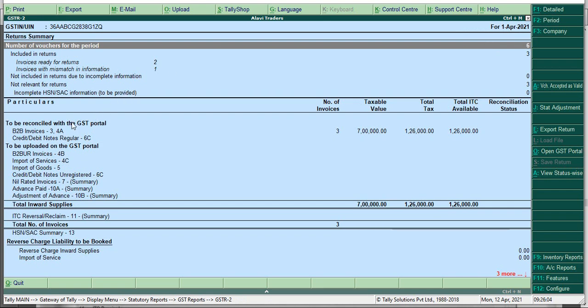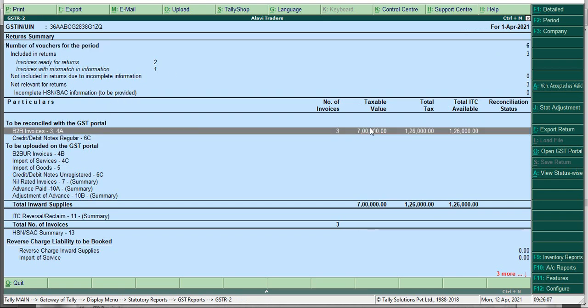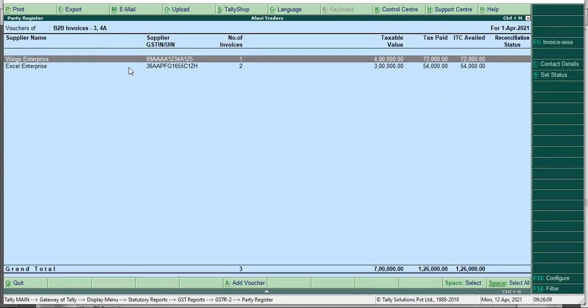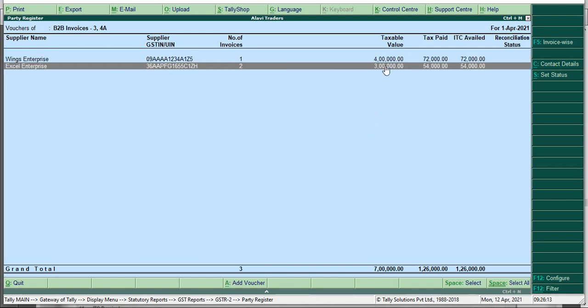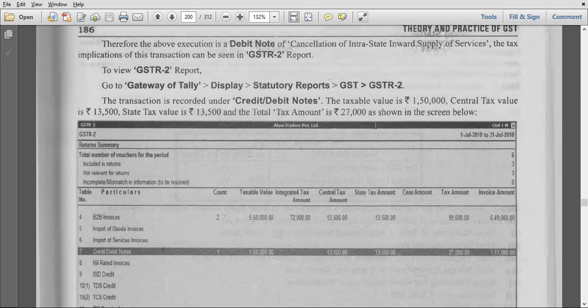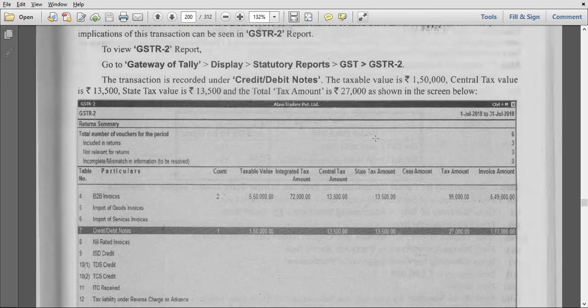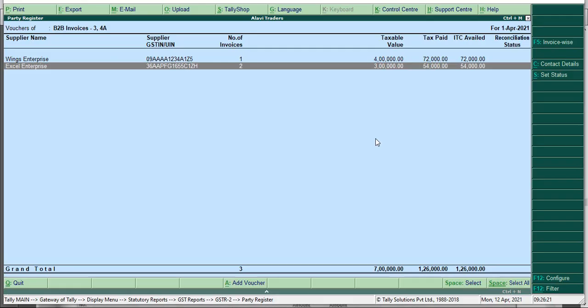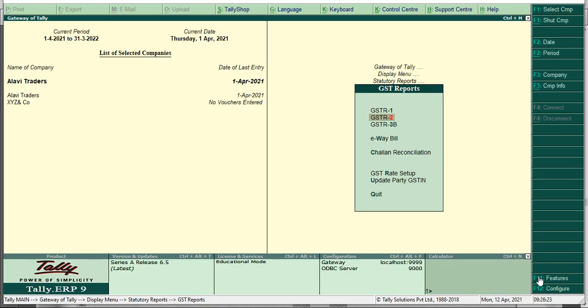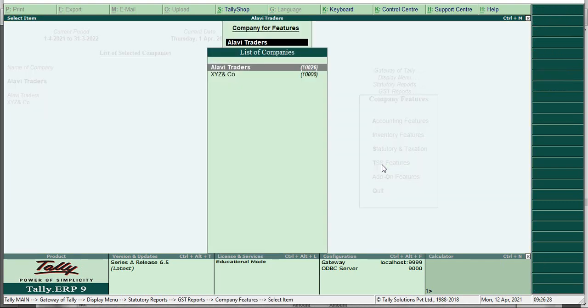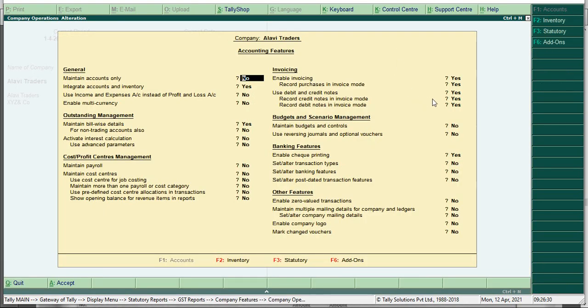Now we can see under B2B invoices, we have Excel Foundation, that is 3 lakhs, 1,50,000 and 1,50,000. There are a total of 2 transactions. Now we have to activate the credit note under F11 features, accounts features of this company, and here these 2 are already activated. No problem.